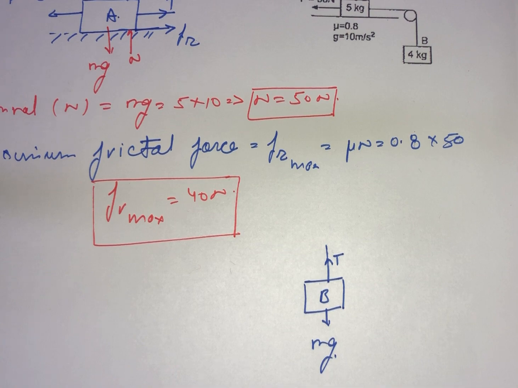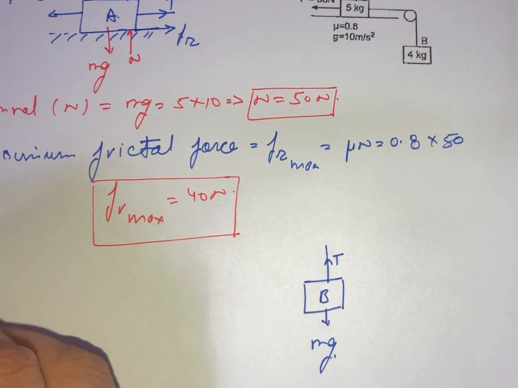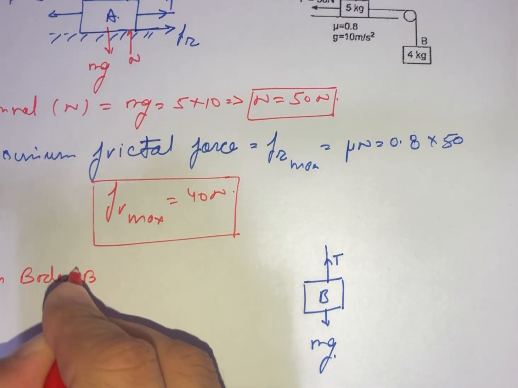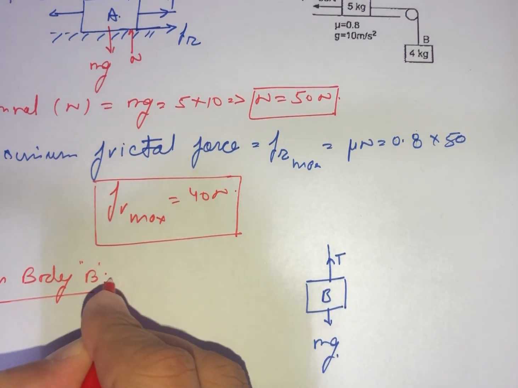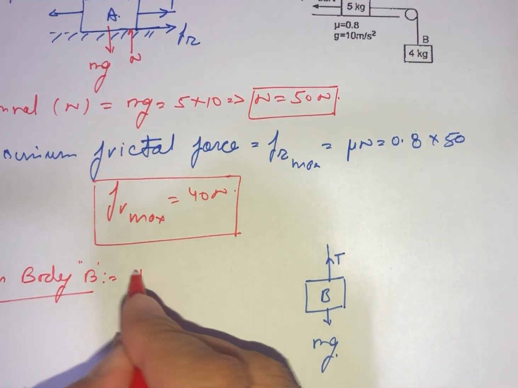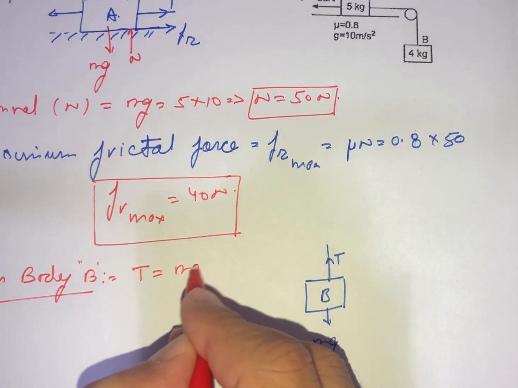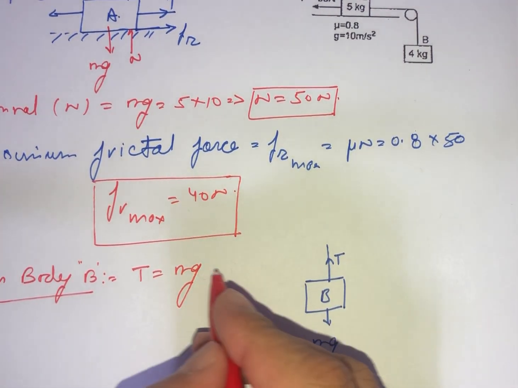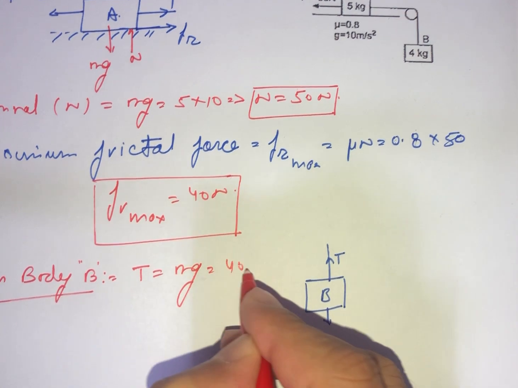So we can say that for body B, tension T will be equal to mg, and m is 4 and g is 10, so this will be 40 Newton.